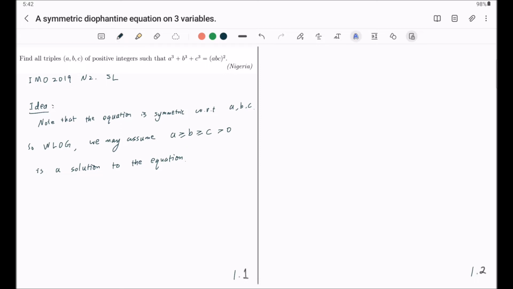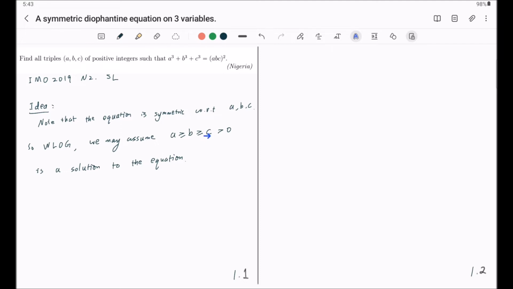Okay, now suppose the equation has a solution ABC with A greater or equal to B, B greater or equal to C, and we will see what happens to this equation. The problem asks us to find all triples. A typical trick in solving diophantine equations is that we will try to find the range for each variable.